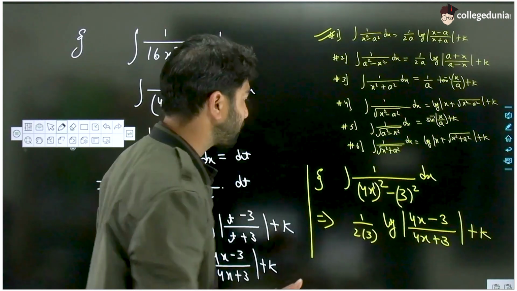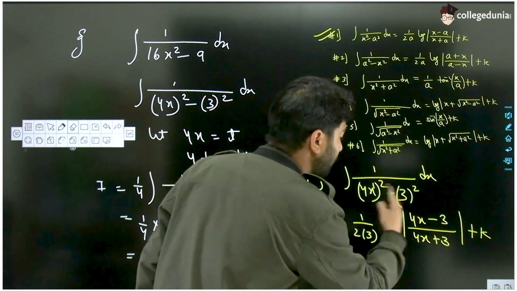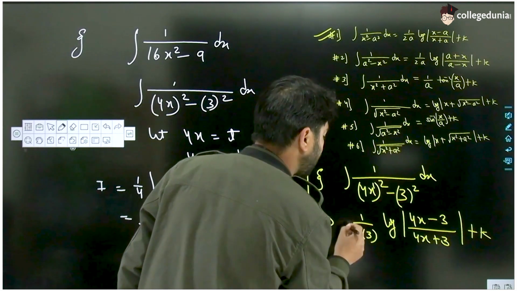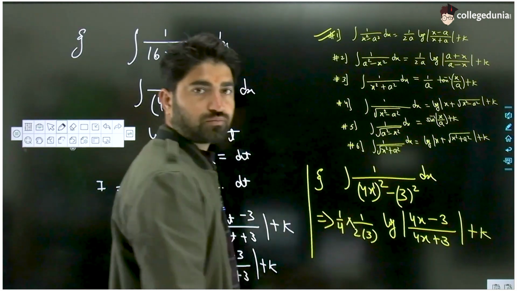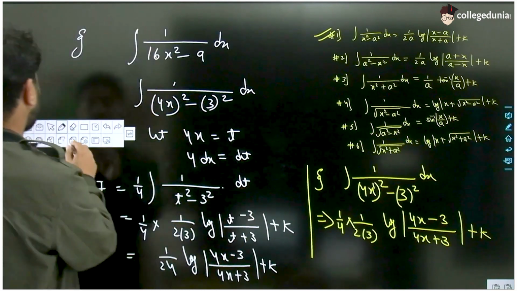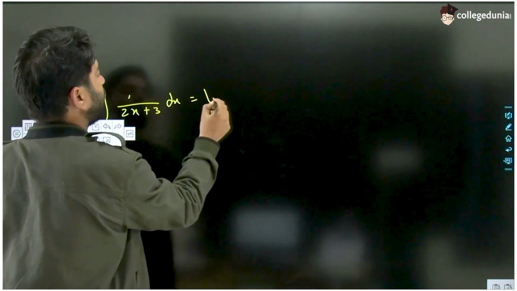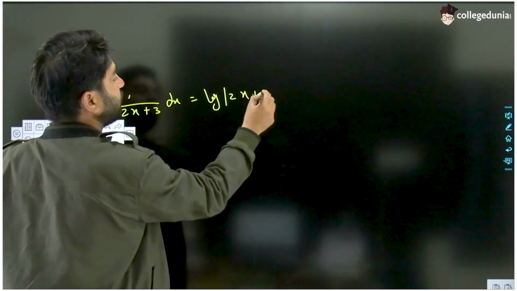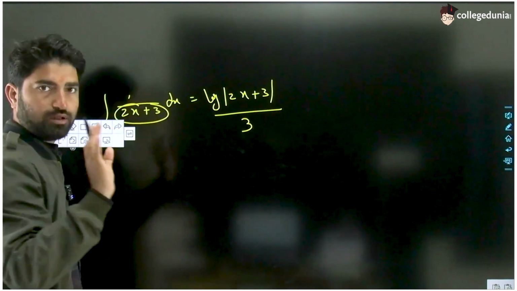But after that, this entire expression will be divided by the derivative of this 4x, that is 1 upon 4. Just like we used to do in exercise 7.1, questions like 1 upon 2x plus 3. Then we used to write log of 2x plus 3, and then this entire answer was divided by the derivative of this linear polynomial, right?